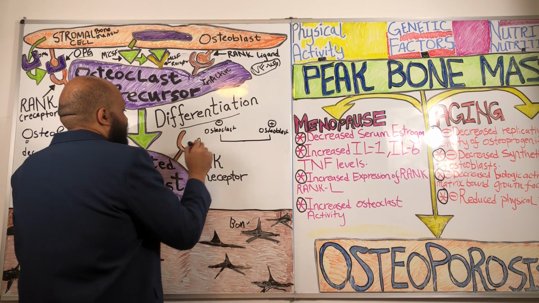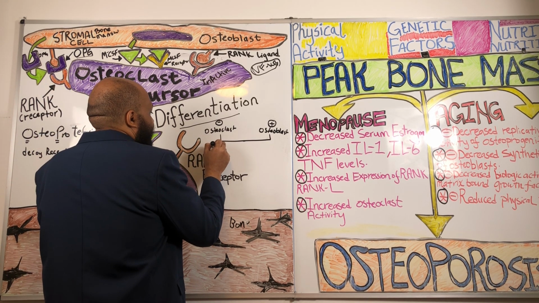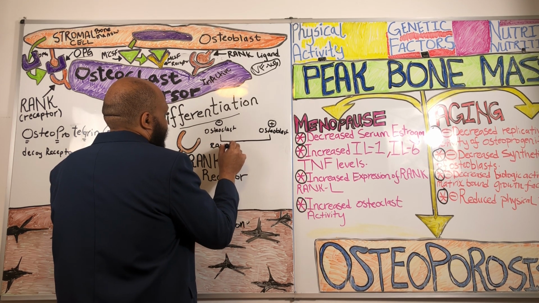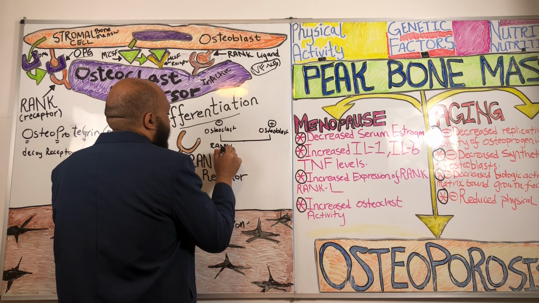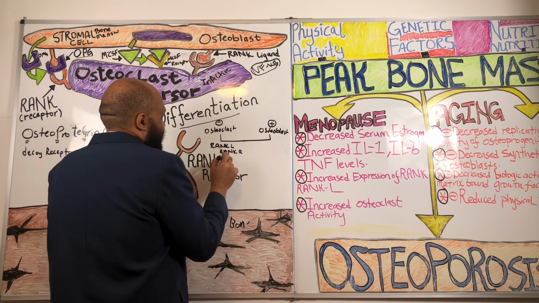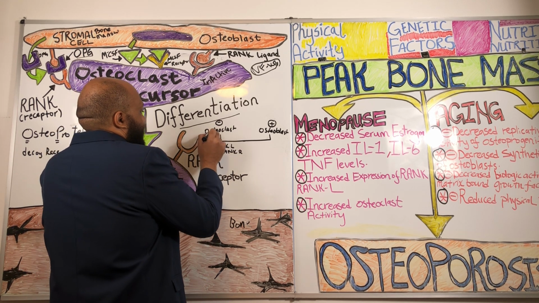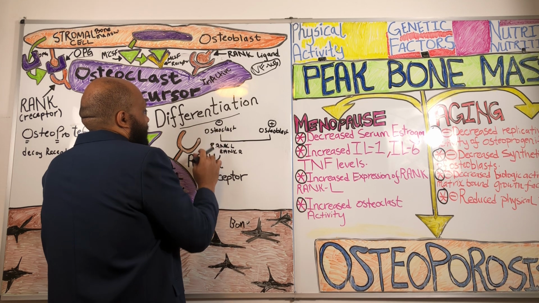And osteoclasts favor the RANK ligand. So when the RANK ligand binds the RANK receptor, when RANK L binds RANK R, RANK L is the RANK ligand and RANK R the RANK receptor, you will have excessive osteoclast activity and destruction of bone.